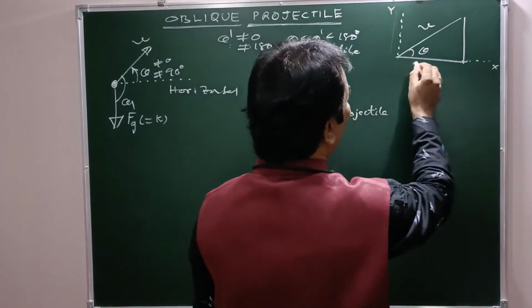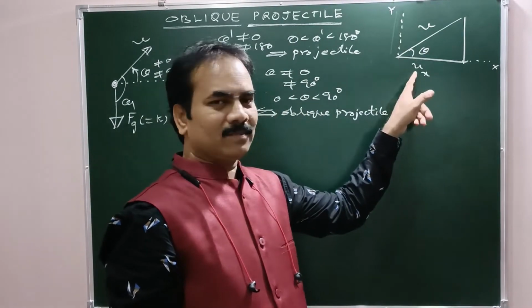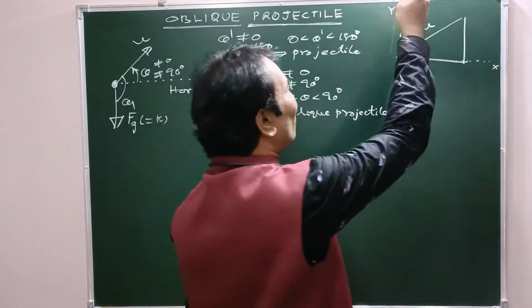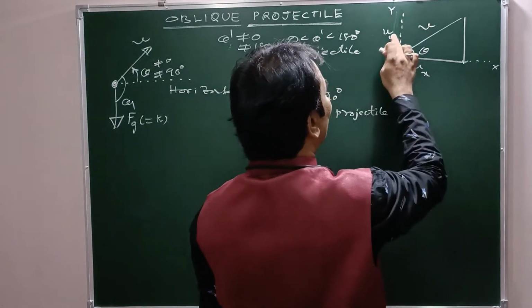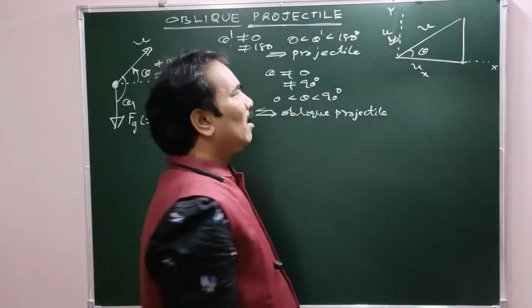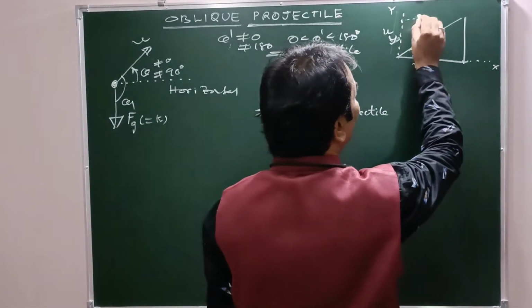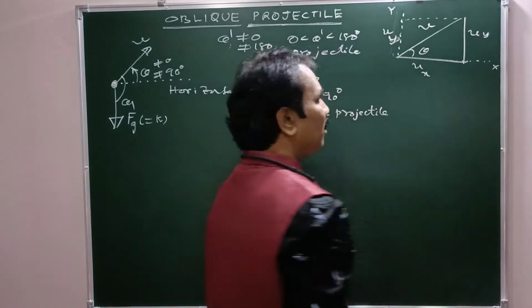So along x, what is the component? u x, the x component of velocity of projection, along the x-axis. Along the y-axis, this is u y, the y component. Now I'm closing this side like that. See, if it is u y, this one is also u y, right?